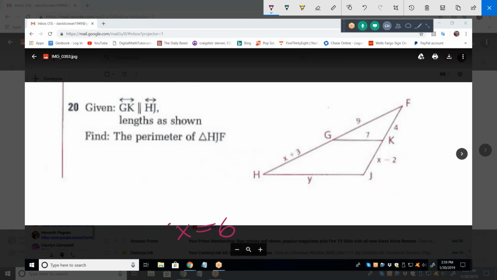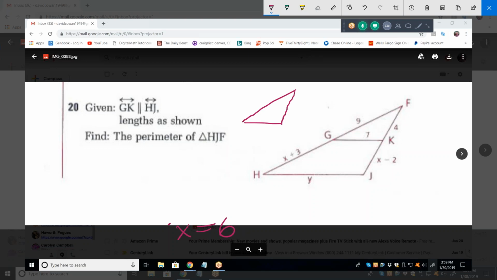Okay, let's do it. It's a little tricky. So let's do it like this. I'm going to take that triangle out, and I'm going to draw it over here. And this is a little technique that I use every now and then when it's really valuable.